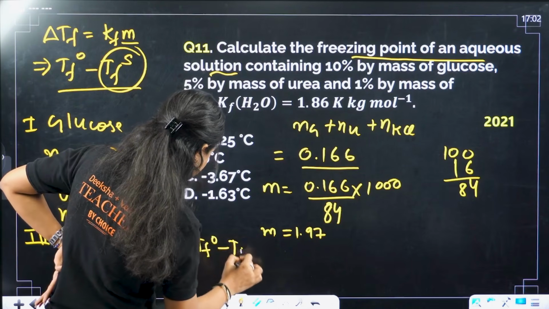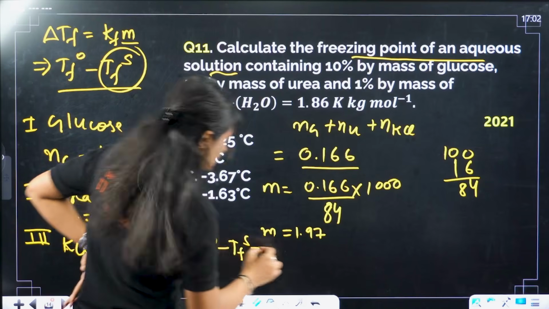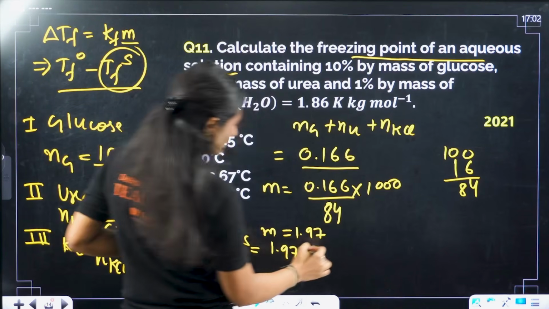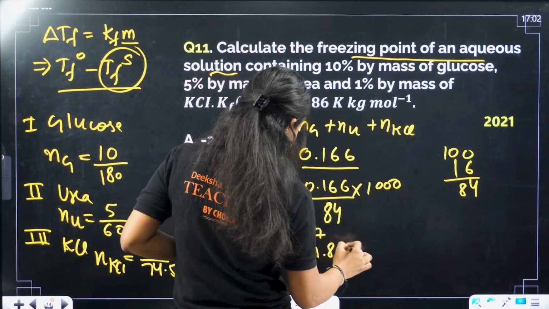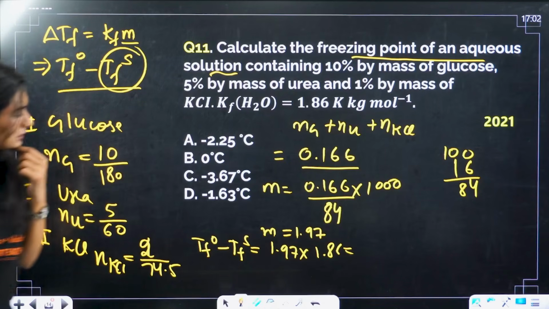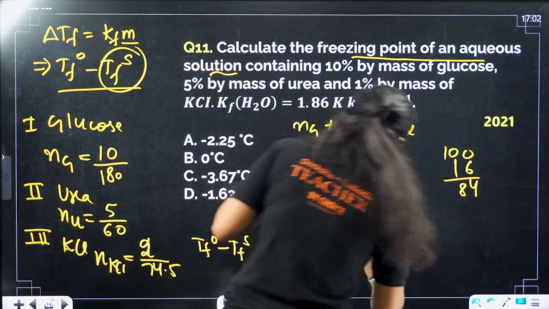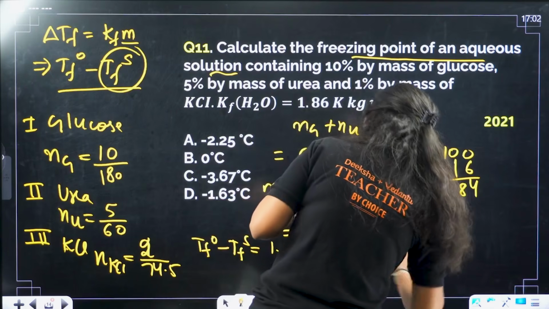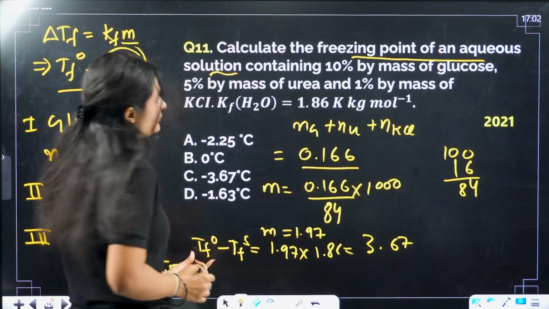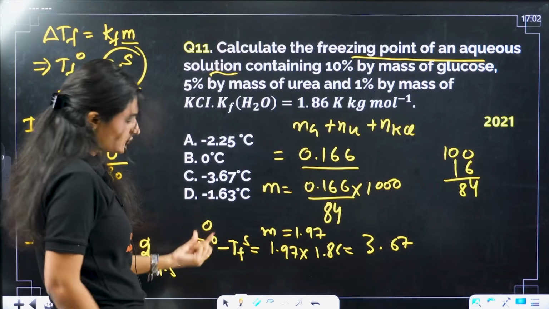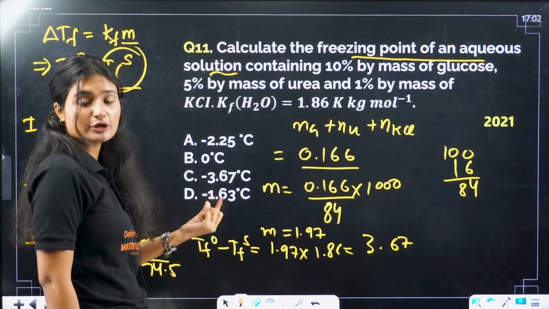After calculating the molality, if you substitute it here: Tf0 minus Tfs equals 1.97 times Kf. Kf is 1.86. The answer will be 3.67. Now for pure water, the freezing point is 0.